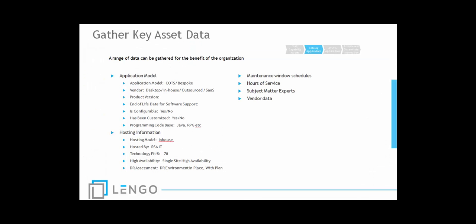Now, as you have seen, the application components that we've imported and their attributes are available for us to use, and there is a certain amount of information that has been populated in there, and out of the box there is a predefined set of attributes that you can use.